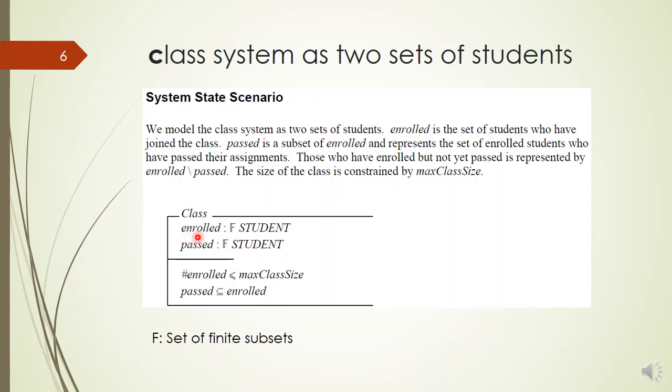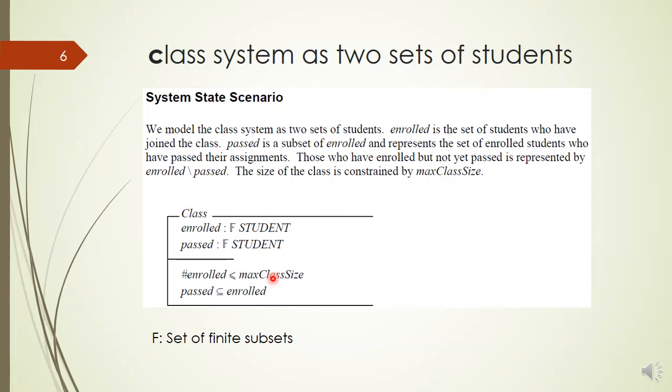So these two set variables become the system state variables, and there are two invariant properties which are defined in the lower part of the schema in the form of predicates.